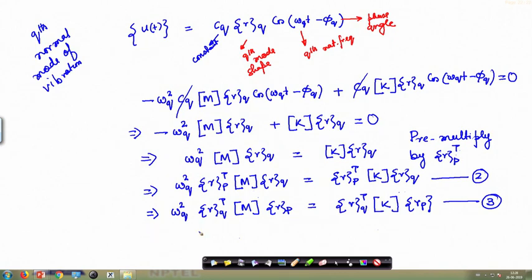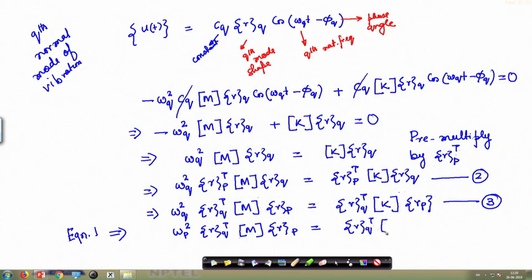If we remember our equation 1, if I rewrite it, equation 1 was omega p square r q transpose into M into r p was equal to r q transpose into k into r p.